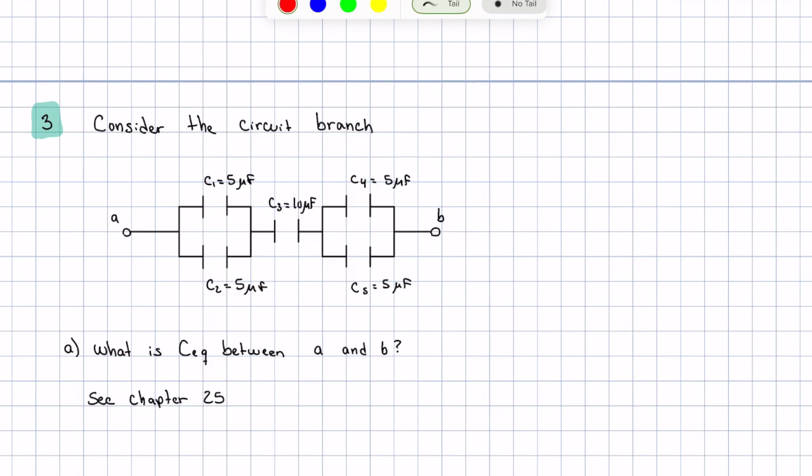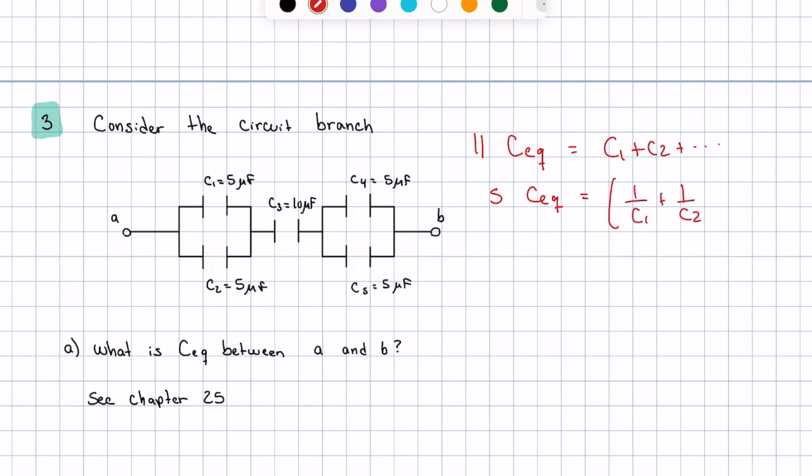To find C equivalent, we need to know how to add up our capacitance when they're in series or when they're in parallel. So C equivalent when they're in parallel is equal to C1 plus C2 plus dot dot dot. When they're in series, C equivalent is equal to 1 over C1 plus 1 over C2 plus whatever, to the power of negative 1.